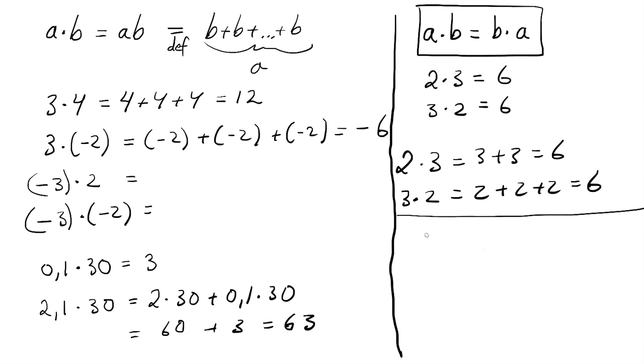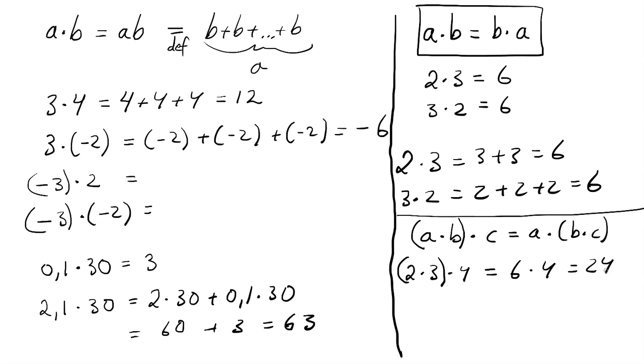Another rule we have is associativity. If I have 3 numbers and multiply them, it doesn't matter if I multiply these 2 first, or I multiply these 2 first. Parentheses mean that I should do this part first. So for example, if I take 2 times 3 times 4 and put the parentheses here, doing this first, that's 6 times 4, which is 24.